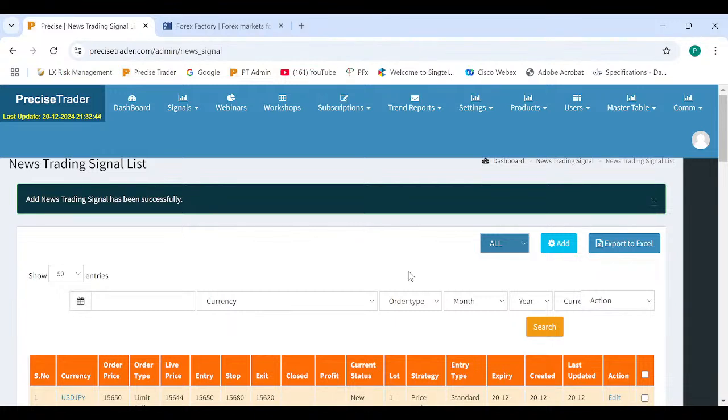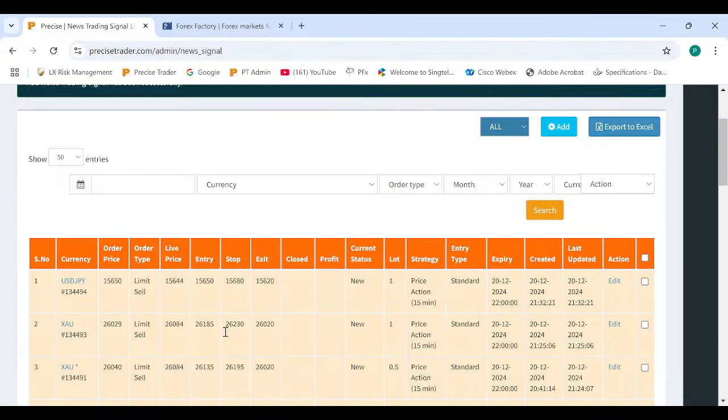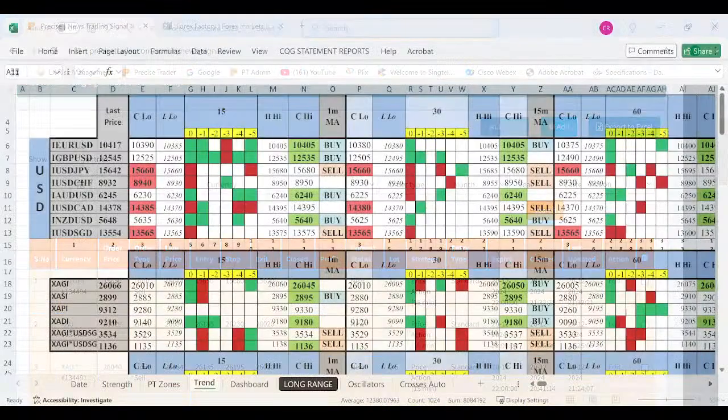Now the next thing is the dollar yen is expected to go lower. The gold, let's see, we can hit our price entry.